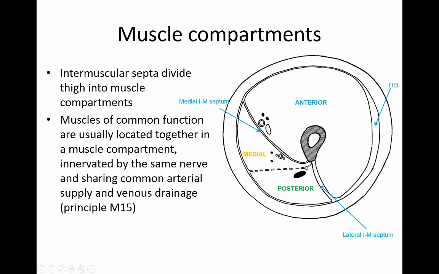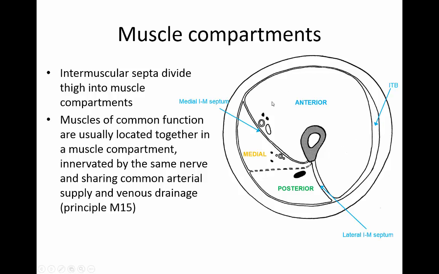Medially, we have our adductors. These are going to cause adduction of the hip. And posteriorly, although there's no fascia separating these compartments, we're going to find our hamstrings. So muscles of common function are located together in a muscle compartment.